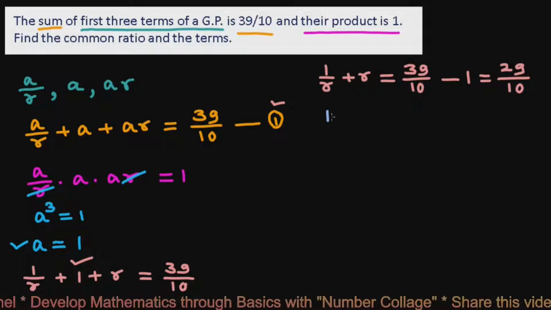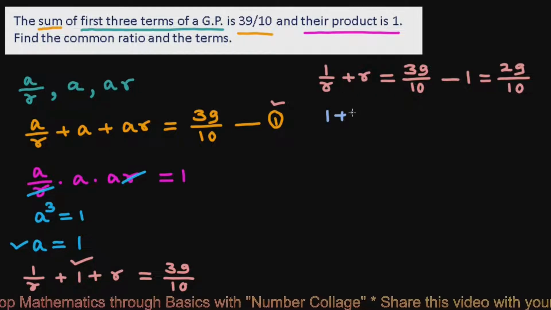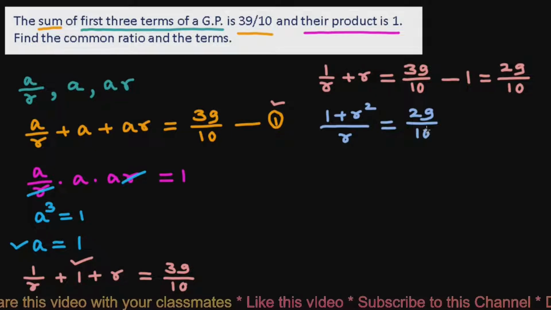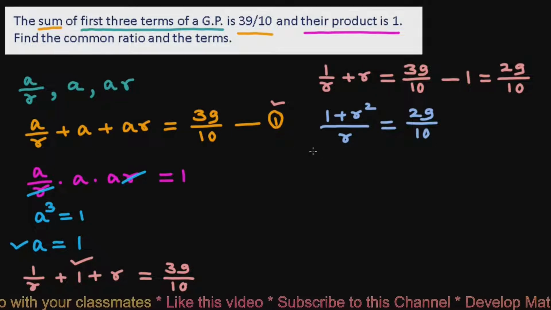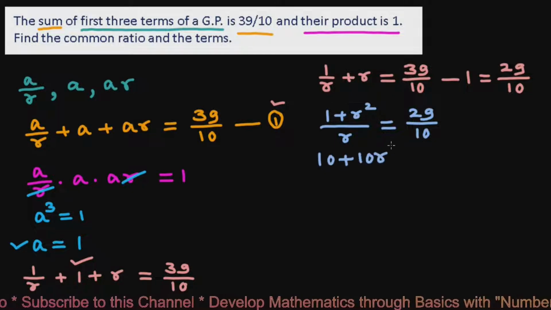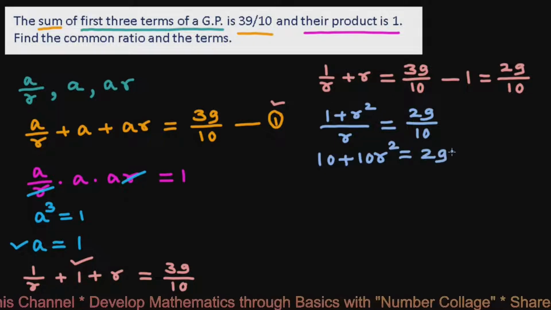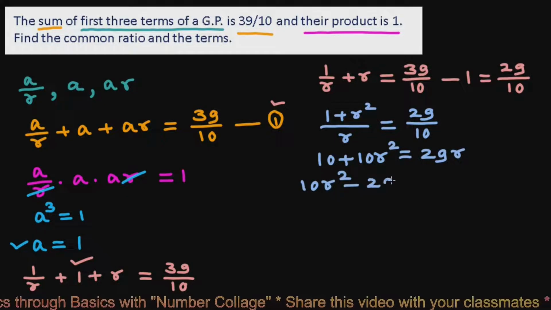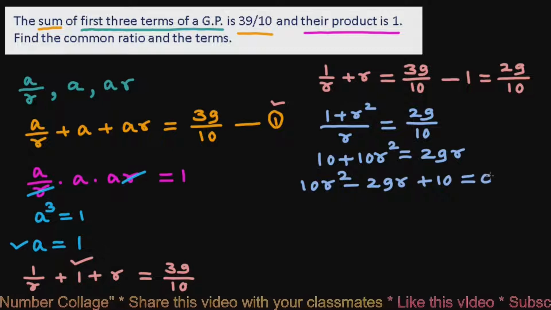This will be (1 plus r square) upon r equals 29 upon 10. Now by cross multiplication, we get 10 into (1 plus r square), 10 plus 10r square equals 29r. This we write as 10r square minus 29r plus 10 equals 0.